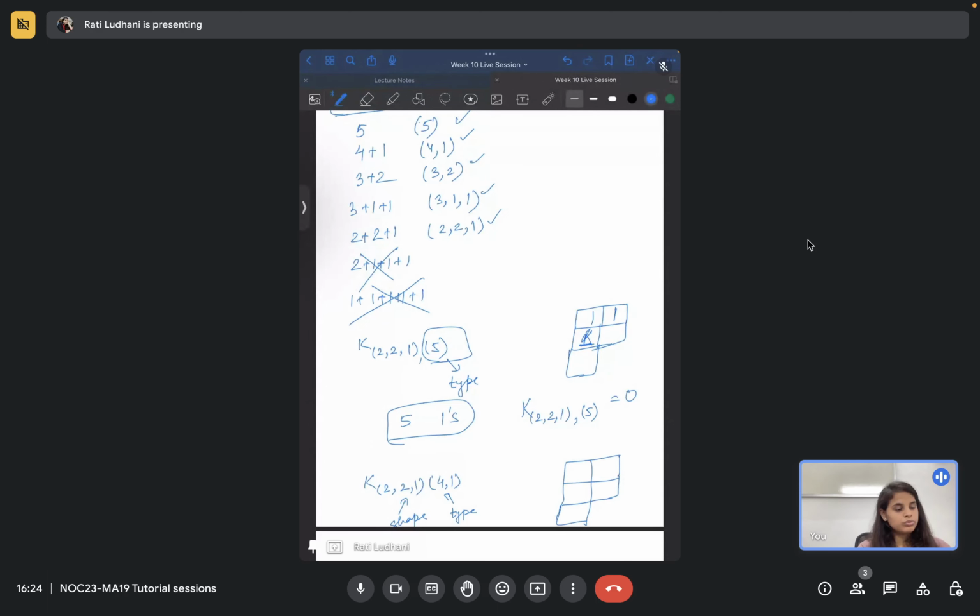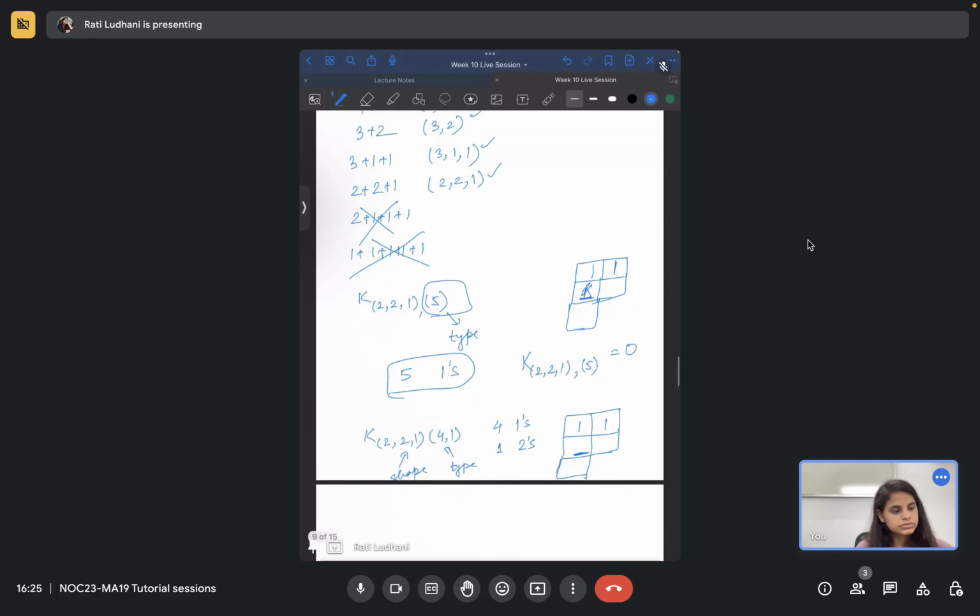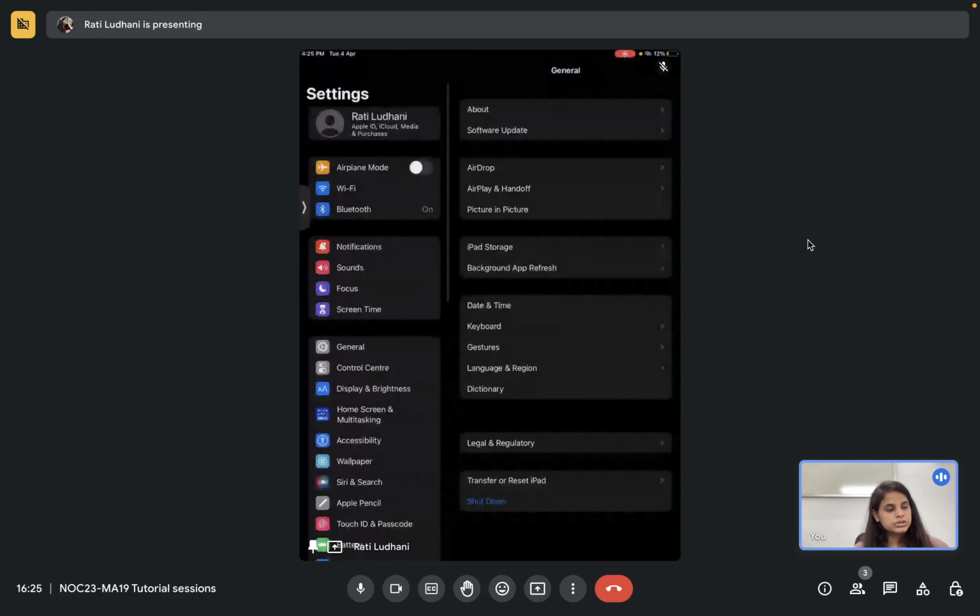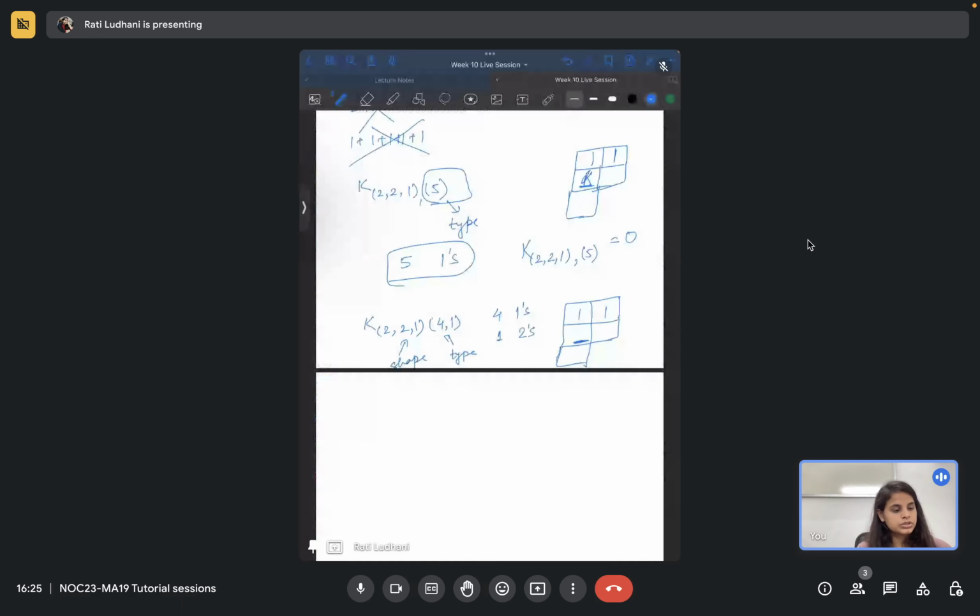So you have 4 ones and 1 two. You can have 1 1, but not here. Here you have to have 2, so here 1 will come. So this is again not possible. K 2 2 1 4 1 is equal to 0.